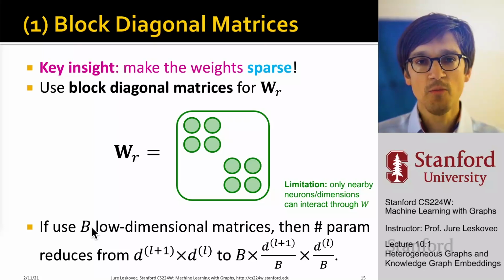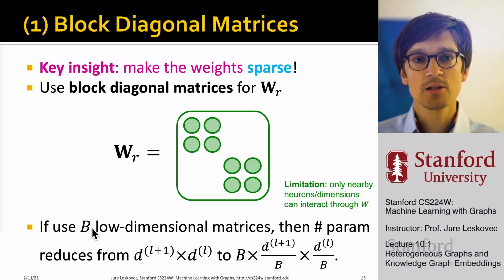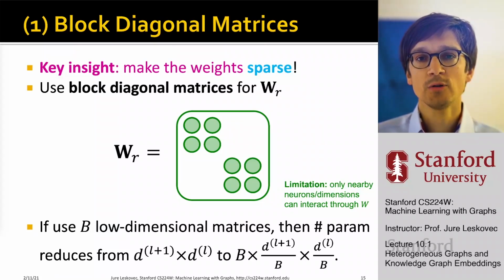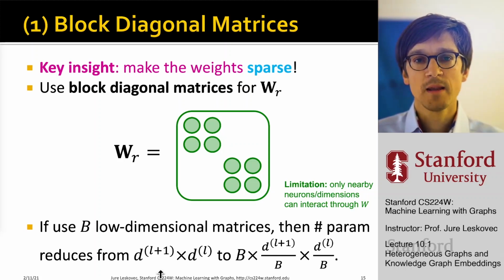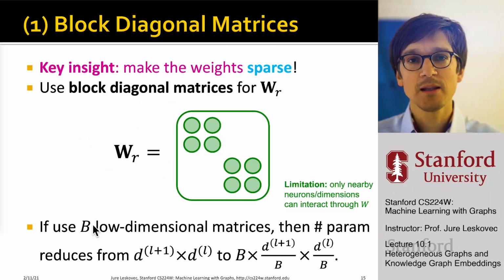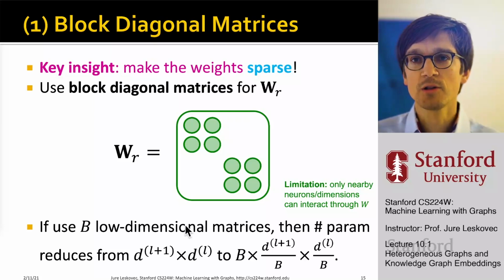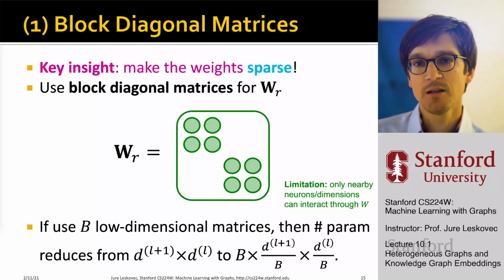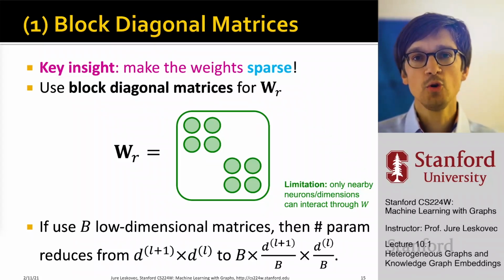So if you assume, for example, that W is composed of B low-dimensional blocks, then the number of parameters is going to decrease by a factor B. So if you set B to 10, you have just reduced the number of free parameters that you need to learn or estimate by a factor of 10. Of course, what do you lose?